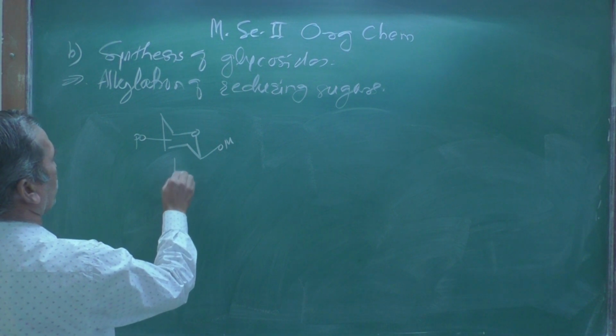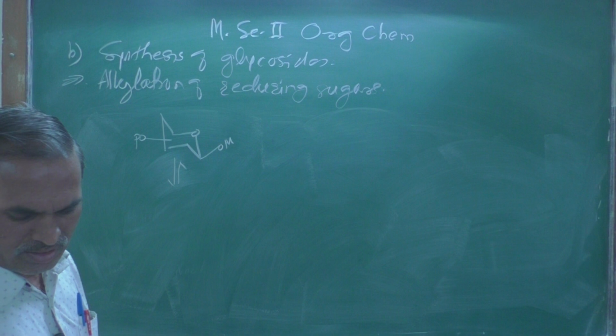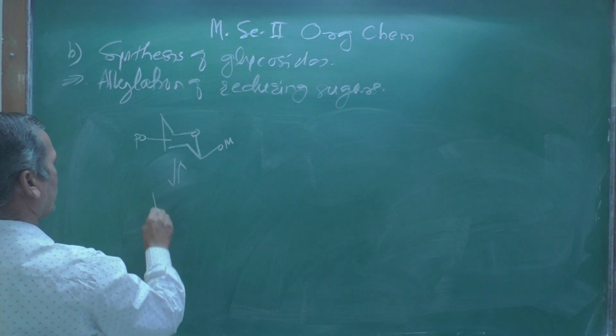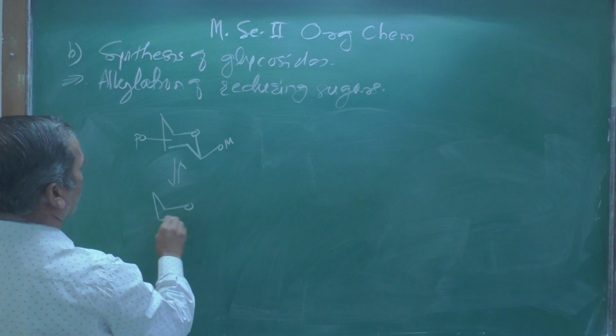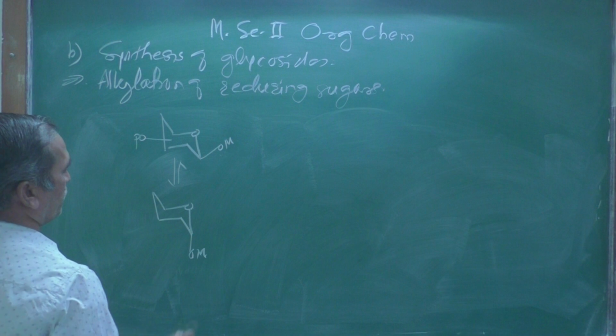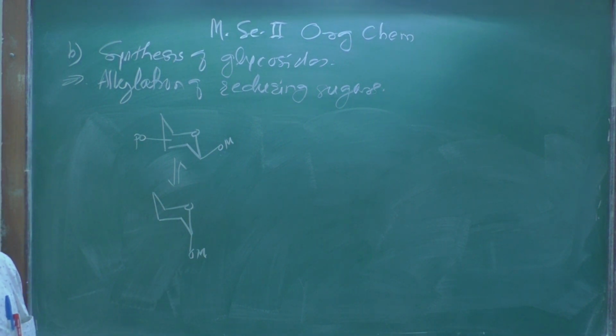At equilibrium, this may be shown as a conversion. This group may be shown like this, O, and here we can show this methoxy group like this. The M stands for a metal once again.